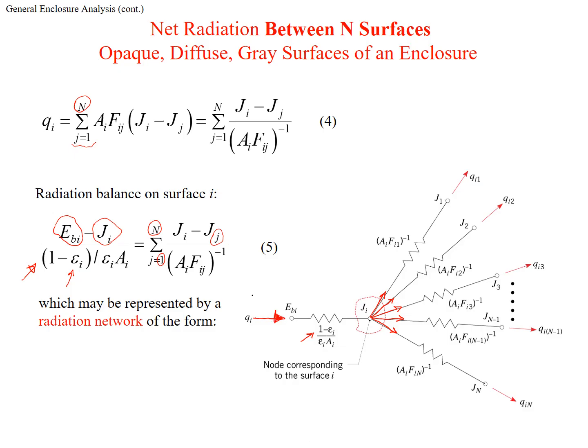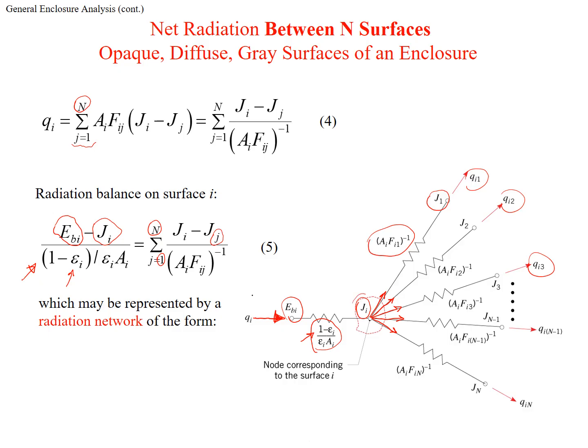So you can calculate the net current by picking these two node values, the difference between those two node values, and dividing them by the resistance here. Or you can calculate your net radiation by just adding up all these Q values that you can calculate. Now these at some point will meet some J1 point. So for example, Ji and J1, there's a difference, and you divide that by this resistance, you should be able to calculate what your Qi1 is.